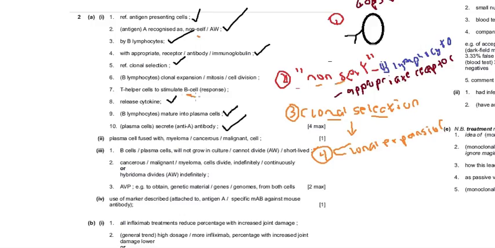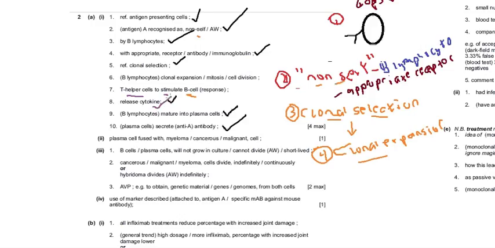After the clonal expansion, there are other cells, T helper cells, which stimulate B cells to release cytokines.